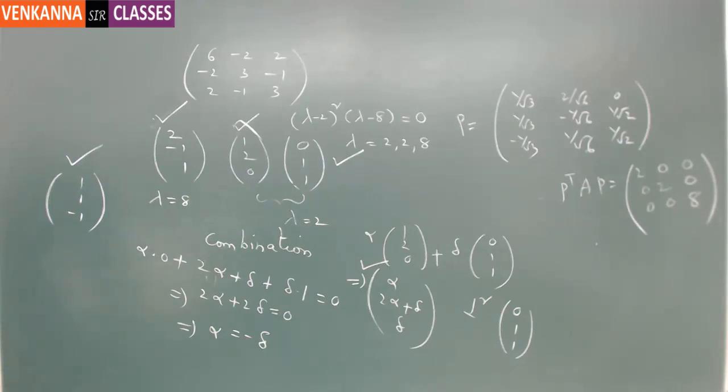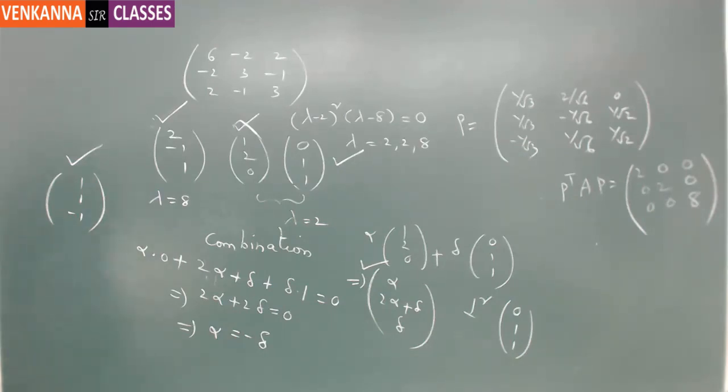Any other cross questions from anyone? Or is the approach clear to all? So I have discussed two things. One, if the eigenvalues are distinct, obviously the eigenvectors are pairwise orthogonal, so you can normalize them and go for the orthogonal reduction.